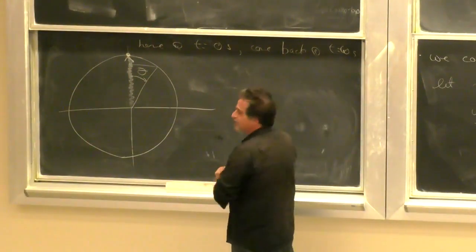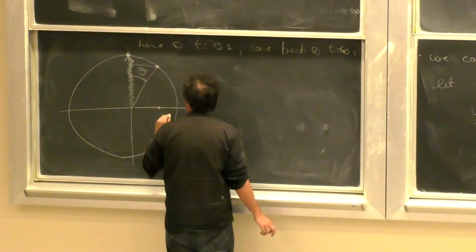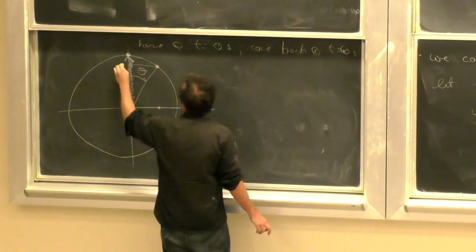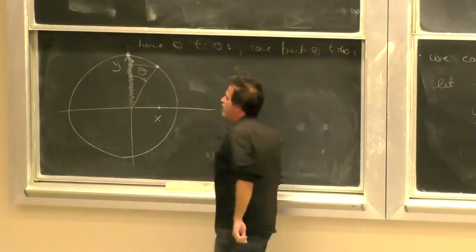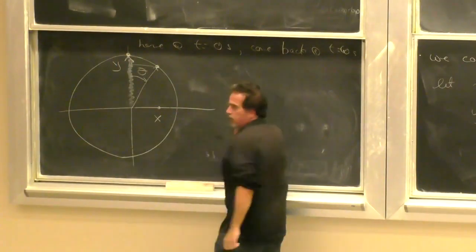It's our bearing, okay? And so there is the location of the point here, x and y. You're supposed to think of this as the arrow at the beginning, and this is the arrow somewhat later.